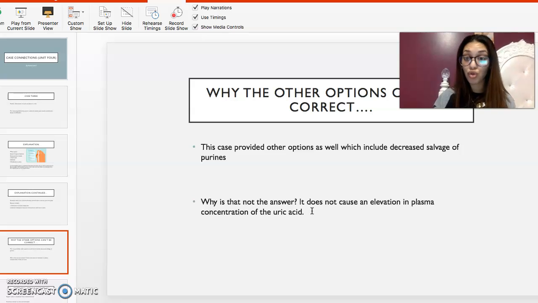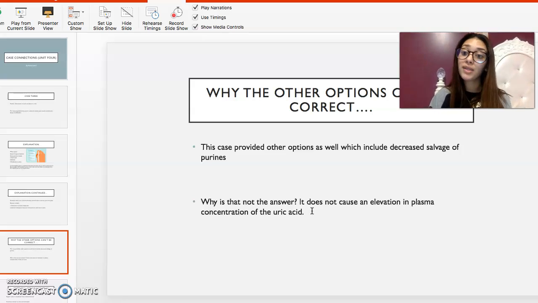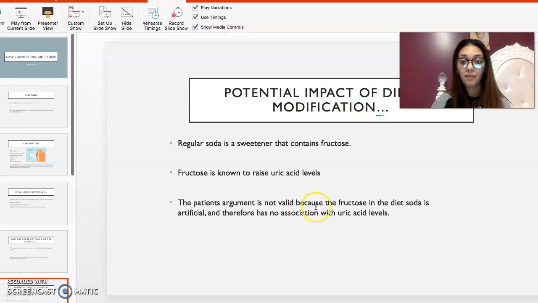So to determine the root of the cause, information about the reason for hyperuricemia is needed, which was not presented in this current case.